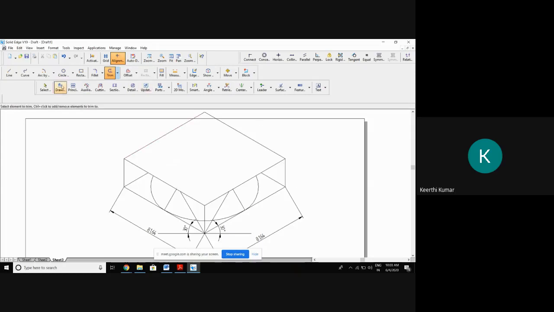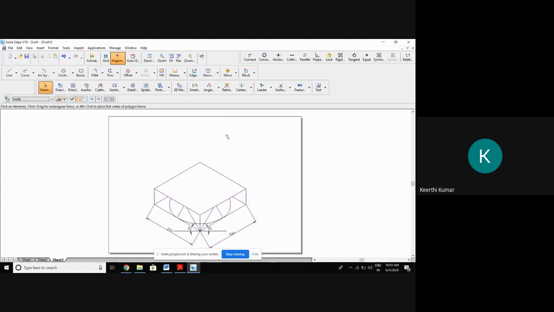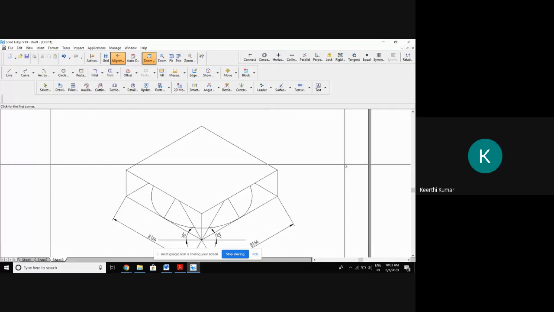I don't want anything else. I want only the top surface, which should be clean. Nothing should be inside. Try to do it like that. Let me know once it is done.